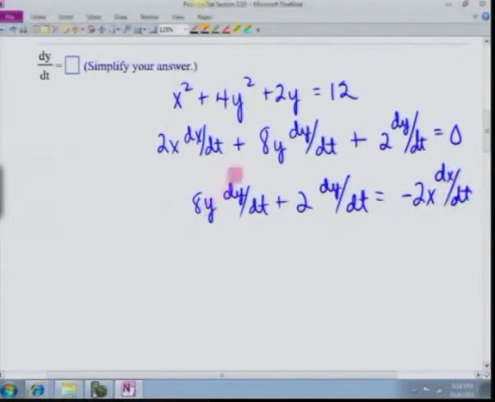All right, then if you're solving for this, let's factor it out. Oh, never mind. Is that right? Is that what I was doing?